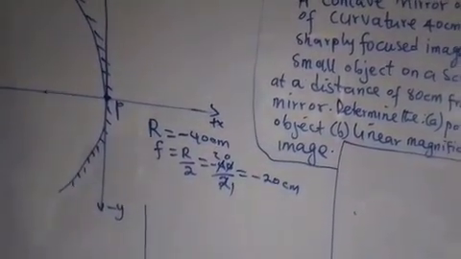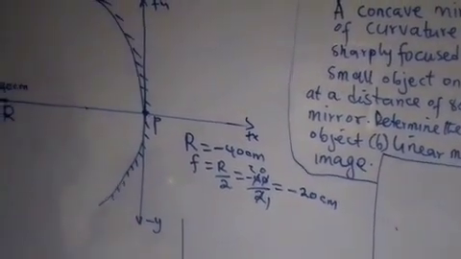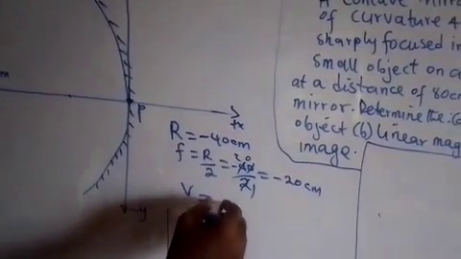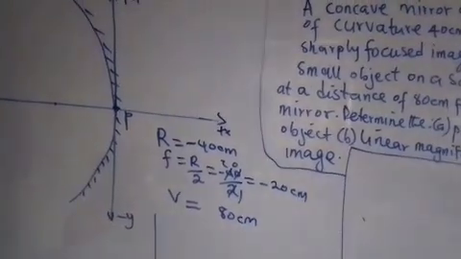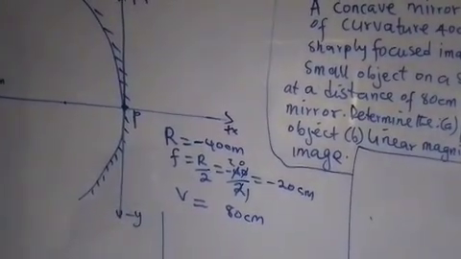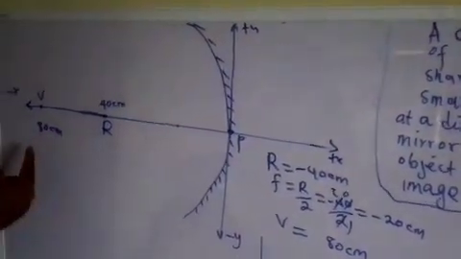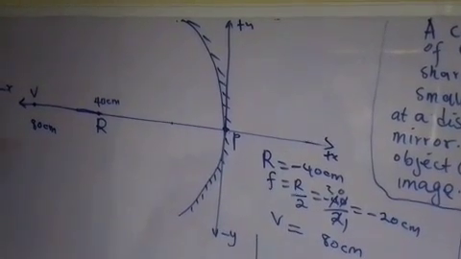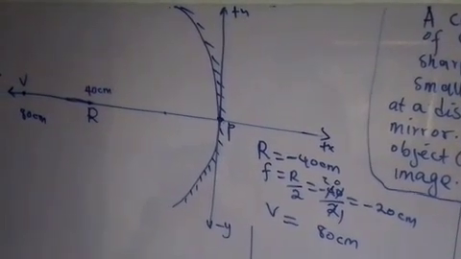Of course, image distance is the distance from where the image is formed to the mirror. From the question, it was 80 cm. Now, what sign should we give it? A concave mirror, we know, forms an image that is real in front of the mirror. Now, if your positioning is wrong, when you calculate, it will come out.